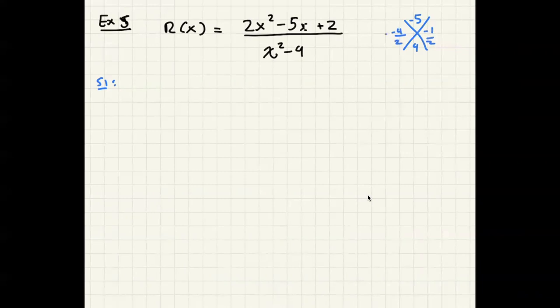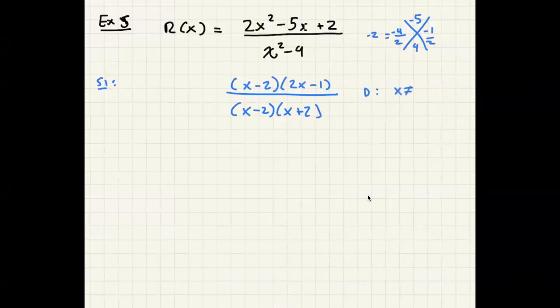So that's going to give us -2. That's going to give us 1/2. So we know the top is going to factor to x minus 2 times 2x minus 1. And the bottom is going to factor to x minus 2 times x plus 2, right? Which means that our domain says x cannot equal 2, x cannot equal -2, right?